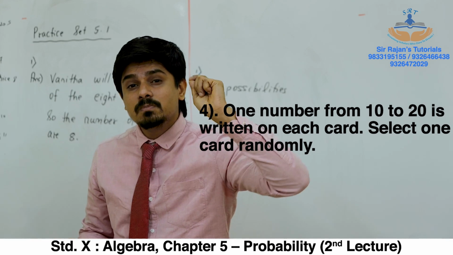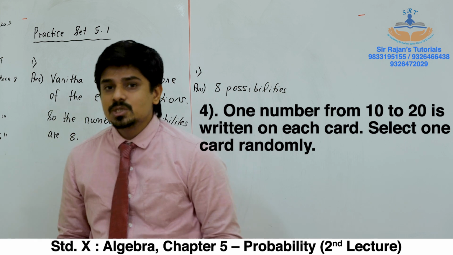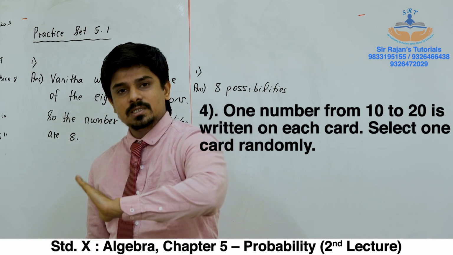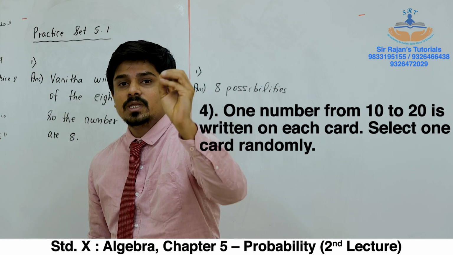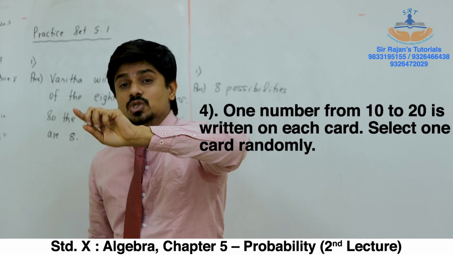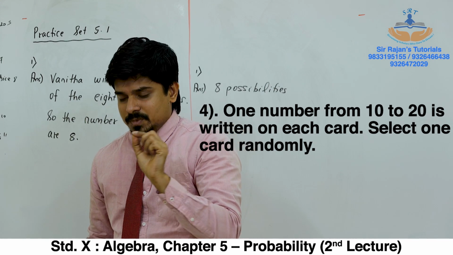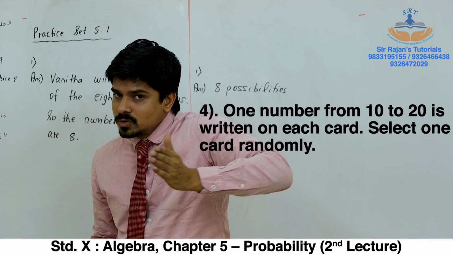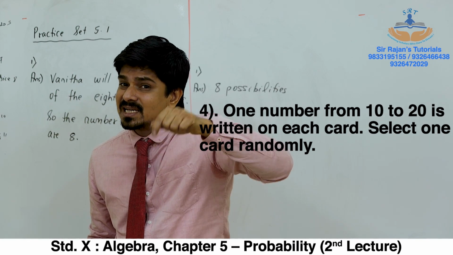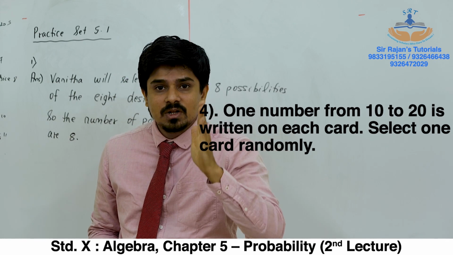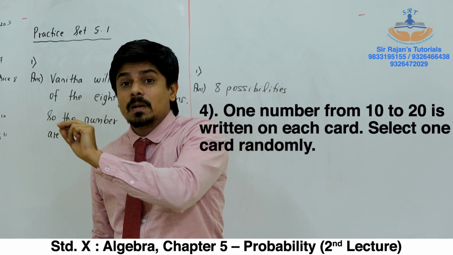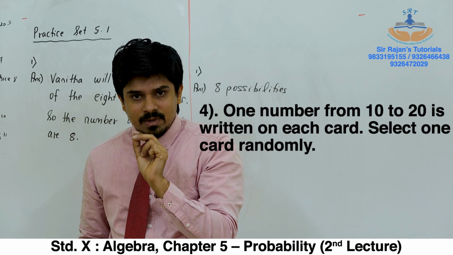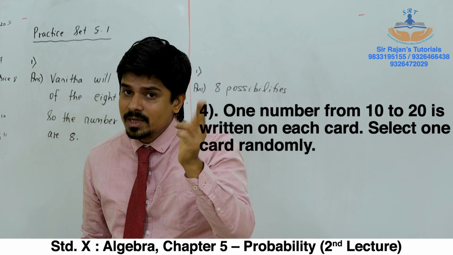Now here is a possible wrong answer. What many students do is 20 minus 10, answer is 10. So there are 10 different possibilities, which is wrong. Whenever the first number and the last number both are included, after subtracting you must add 1. Means the answer will be 20 minus 10 plus 1. So 20 minus 10 is 10, 10 plus 1 is 11.